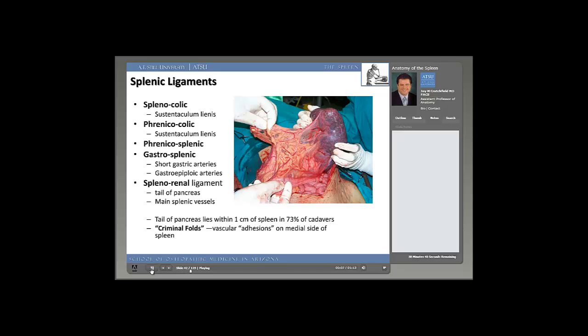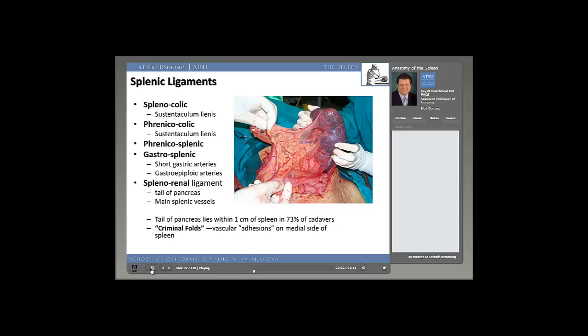There's a ligament between the spleen and the colon, the sustentaculum lienis, the phrenicocolic ligament, the phrenicosplenic ligament, the gastrosplenic ligament, which contains the short gastric arteries and a branch of the gastroepiploic artery, and the ligament between the spleen and the kidney, containing the tail of the pancreas and the main pancreatic vessels.